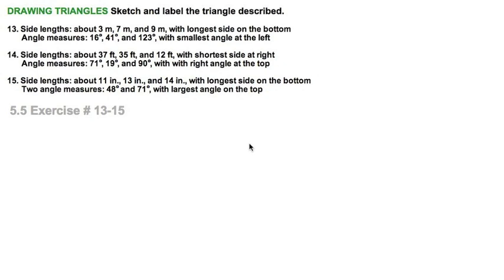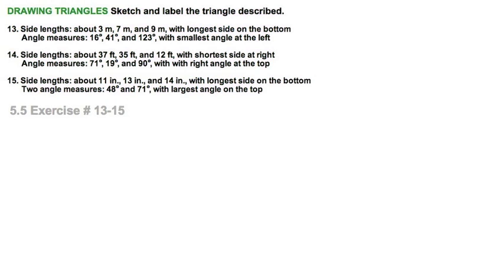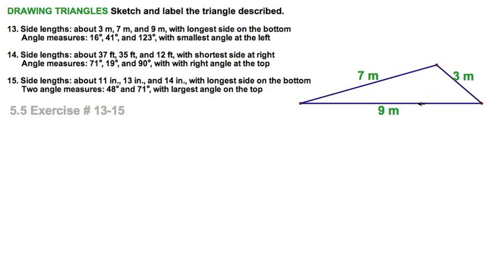And if you're following on your iPhone, I doubt you can read this, so I guess I'll talk you through it. In 13, we've got a triangle with these dimensions, 9 meters, it says about, and we've got a 3, 7, and 9 meters with the longest side on the bottom. And we've got these other angles: 16, 41, and 123.